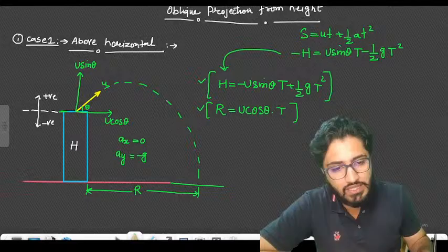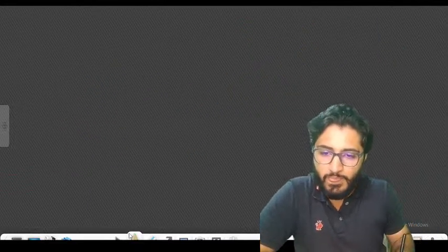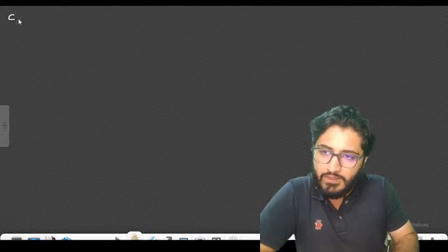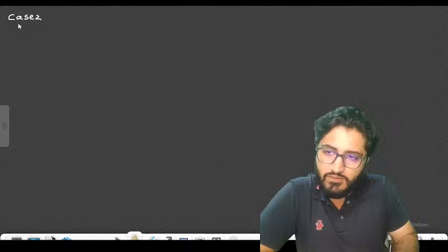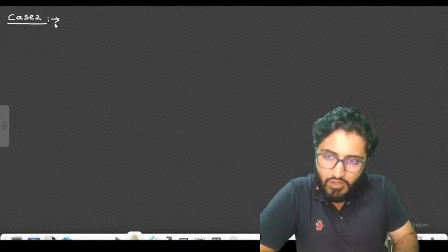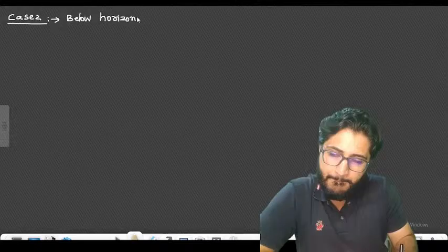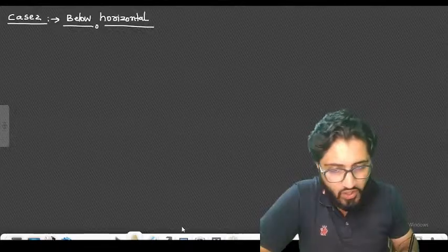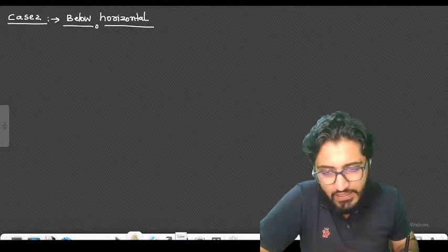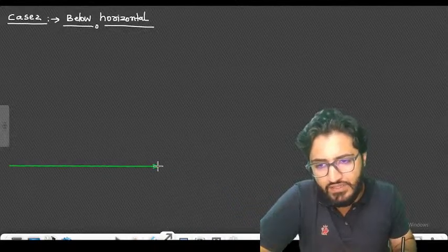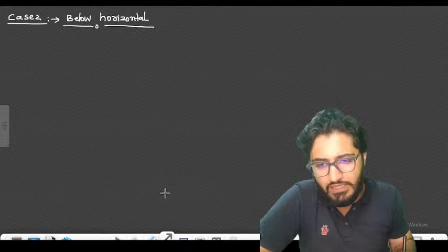Look now, case number second. Case number second is below horizontal. Below horizontal simply means if we are having a building, easy, no?